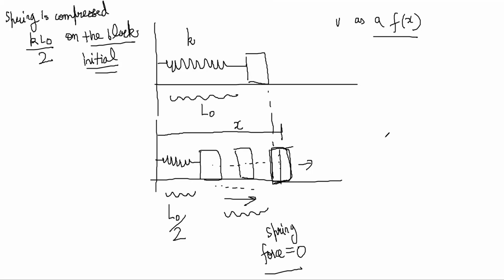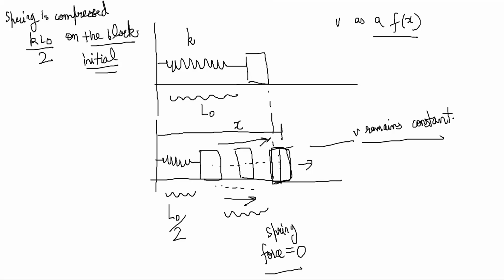So technically velocity remains constant beyond this point because no more force acts on it. So the function will become a constant function later. When x is beyond L, it is a constant function. So we only have to find the variation as it goes from here to here.